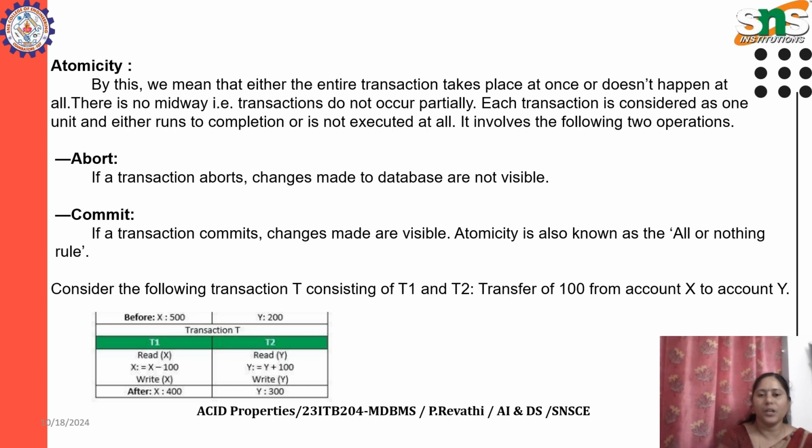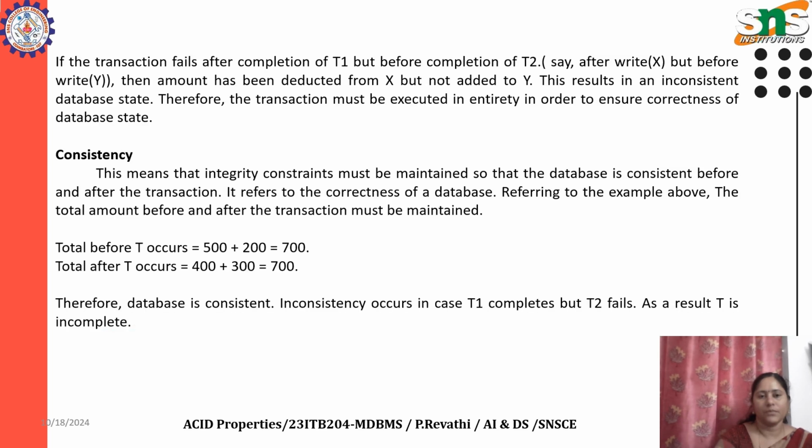For example, consider the following transaction T consisting of T1 and T2: transfer of 100 from account X to account Y. If the transaction fails after completion of T1 but before completion of T2, that is before write Y, the amount has been deducted from X but not added to Y. This result is an inconsistent database state.